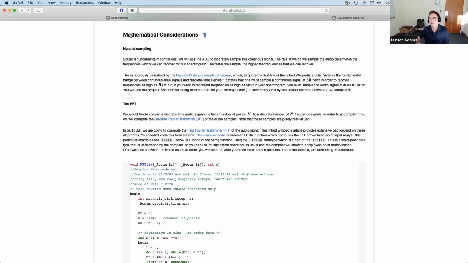The Nyquist sampling theorem tells us you need to sample that signal at least twice as fast as the fastest element of that signal. So if the sound contains elements up to 5 kilohertz, you need to sample that sound at at least 10 kilohertz.